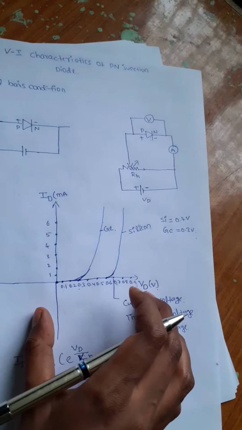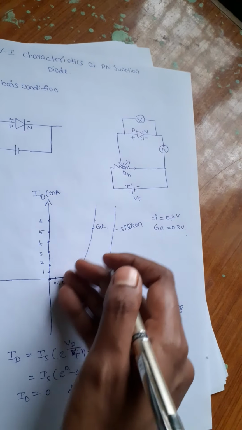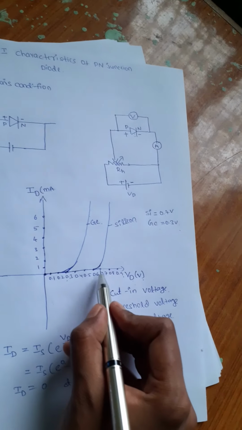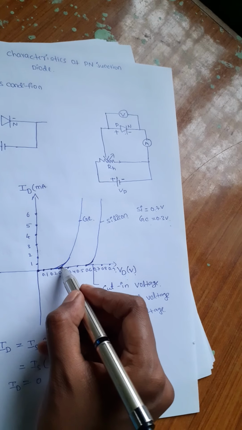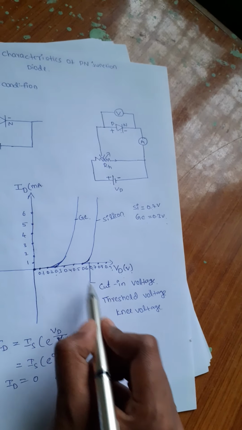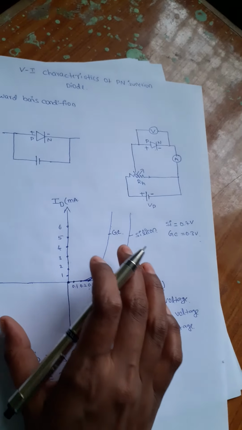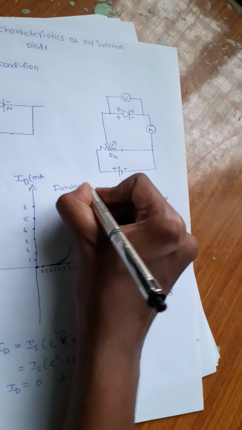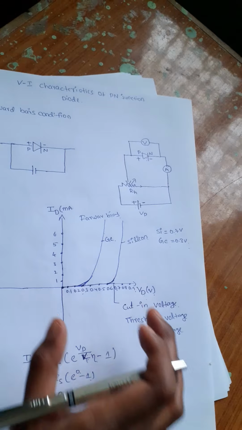So the characteristic for silicon is an exponential curve with the sudden increment at 0.7 volts, and for germanium the exponential curve has the sudden increment at 0.3 volts. This is the VI characteristics under the forward bias condition.